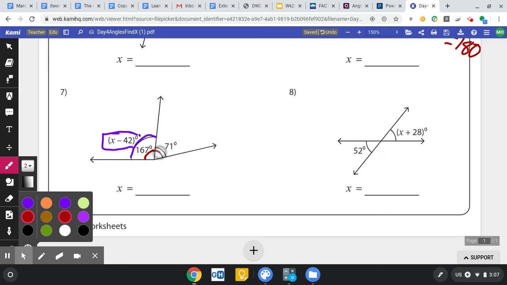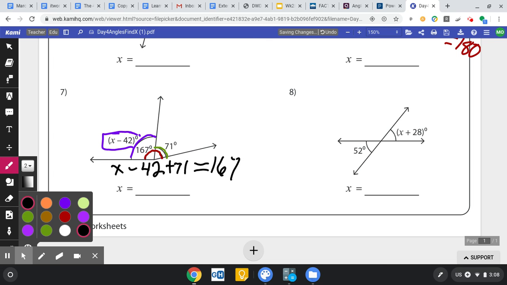This 167 is what the sum of both of those angles is, and then the 71 goes with that angle. So you're going to want to set all the angles together equal to your 167. So then you're going to have your x minus 42 plus my 71.